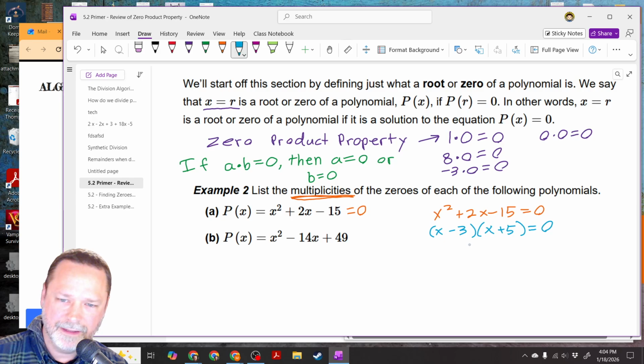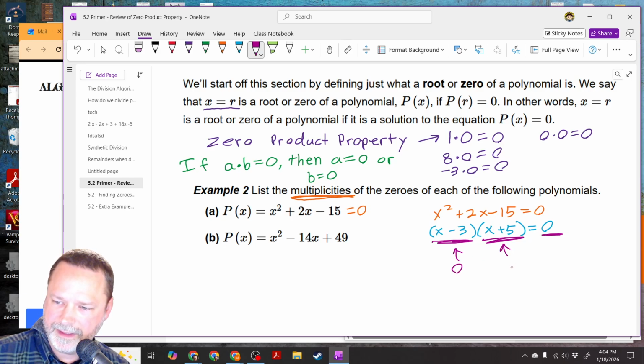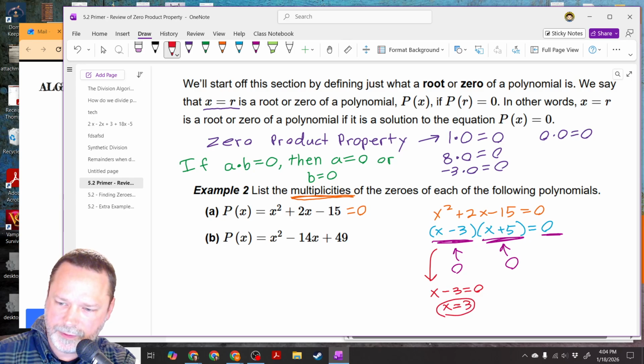Again, if a times b equals 0, then either a is 0 or b is 0. That's how we solve these, in case you forgot. So we say, what if x minus 3 equals 0? Well, that means x would have to be 3. There's one solution to our quadratic equation.